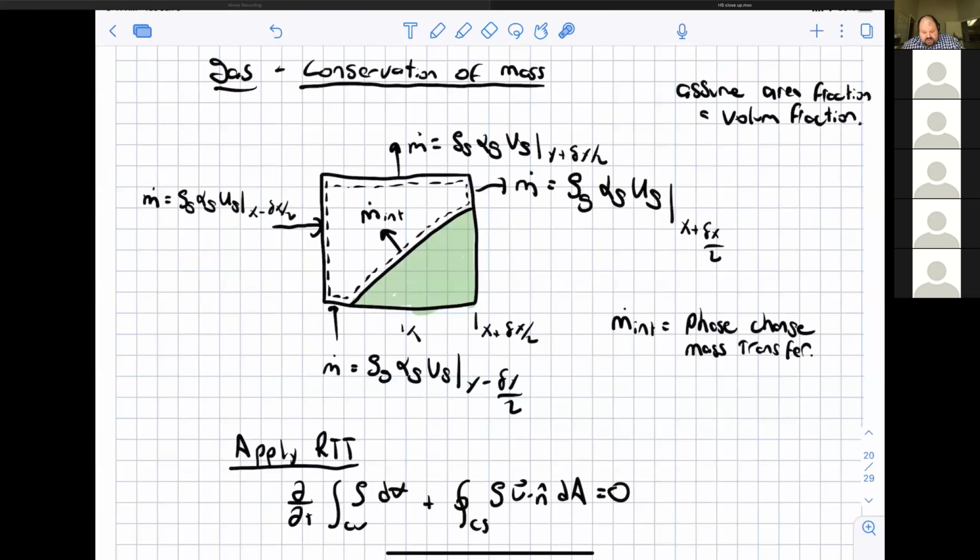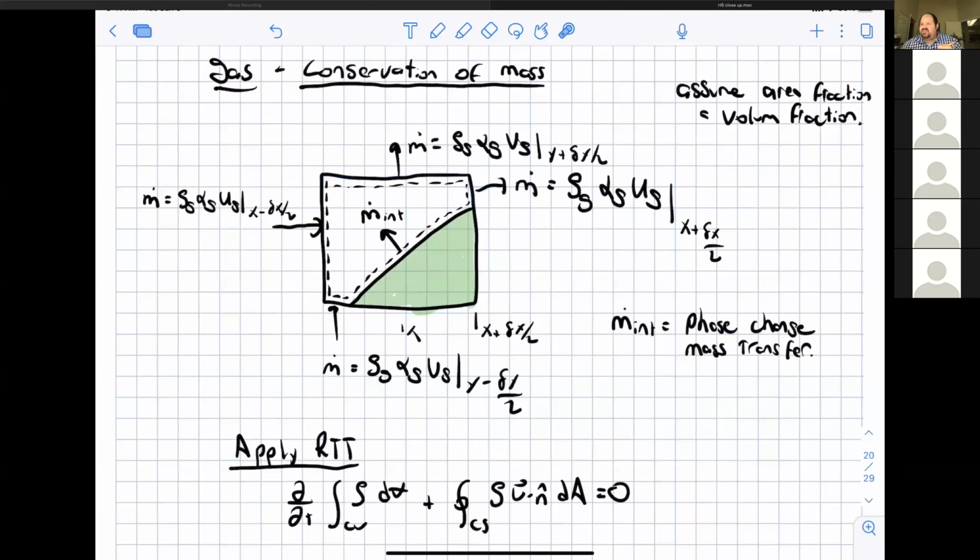Okay, so we are assuming that the fraction of the area where the gas can flow on this side of the control volume is simply the gas phase volume fraction. Okay, so that is an assumption, and of course that is at this edge over here, and then we repeat the same.